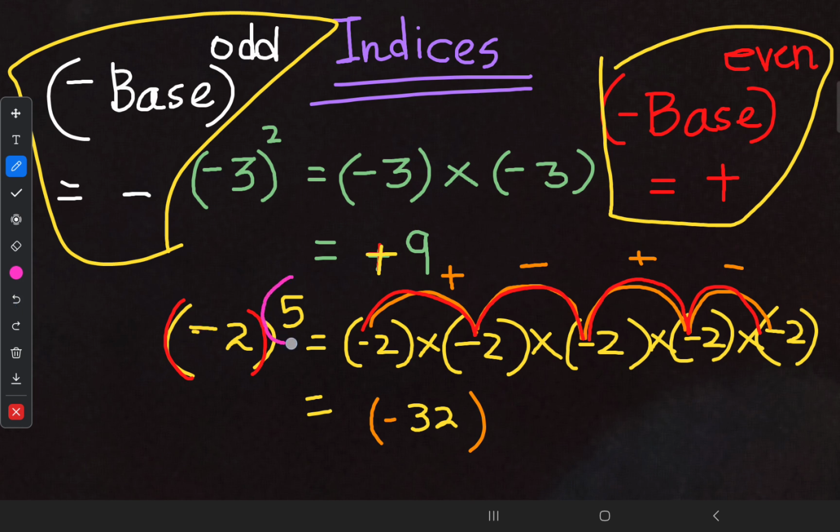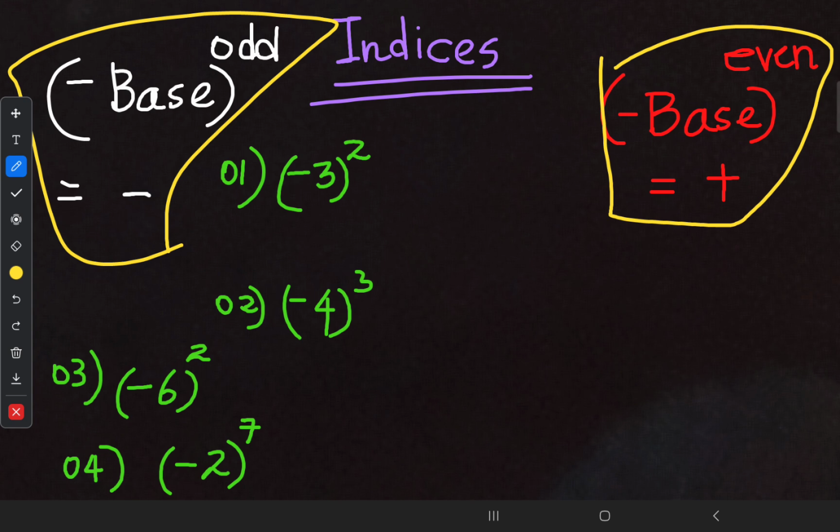Then the index is an odd number. So the direction for your answer should be negative. That's all. Now negative 3 to the power of 2, we can expand: negative 3 into negative 3, negative 3 multiplied by negative 3.